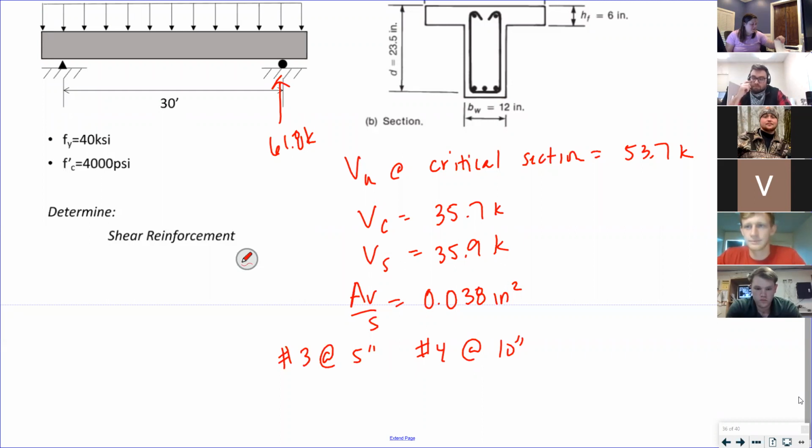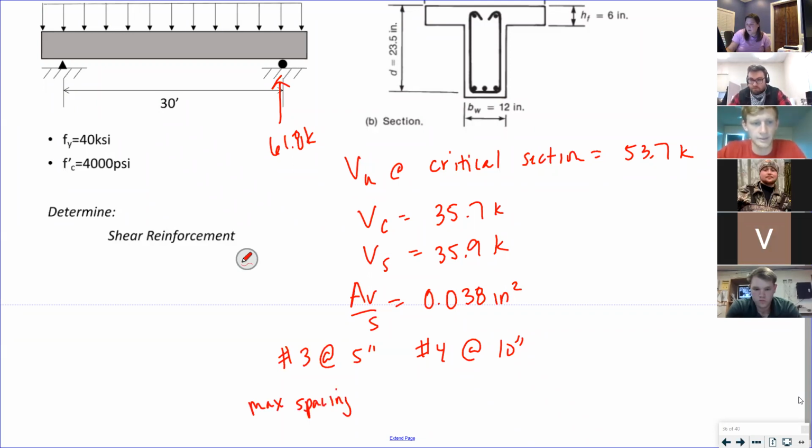So there's not a lot of difference between the ends and the middle. It's like an inch and a half difference. You could put a bunch of number 3s and then spread out number 3s, or just number 4s at like 10 inches along the entire length. That's kind of what that means.